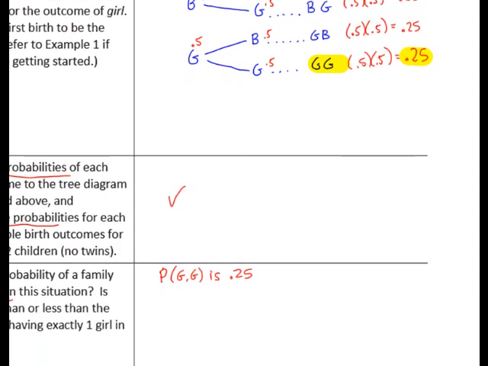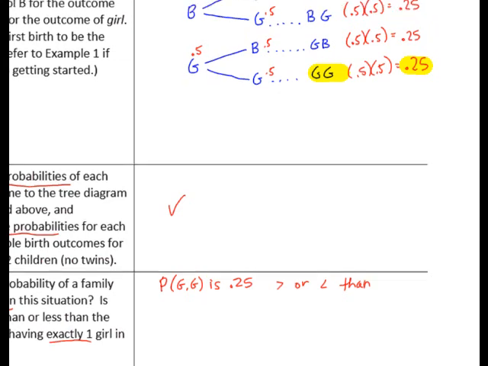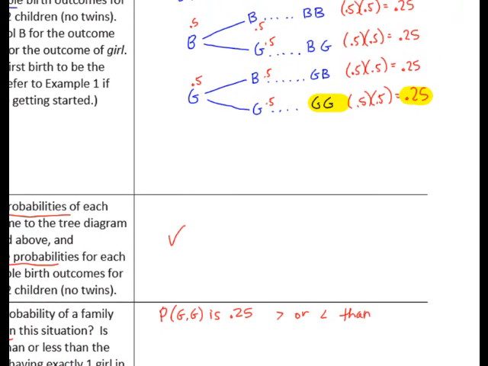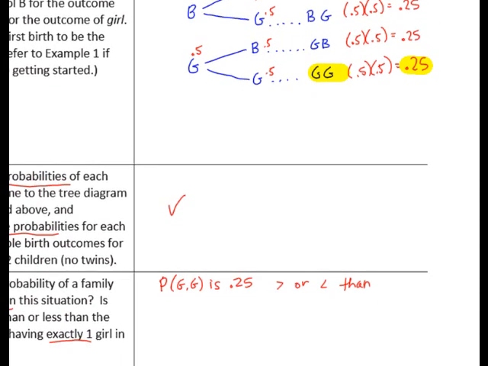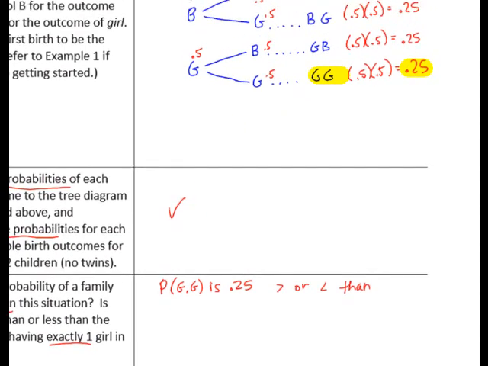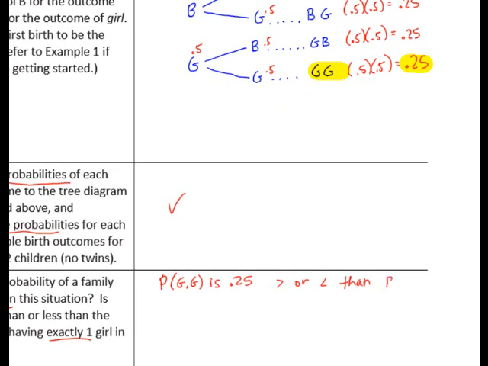Is this greater than or less than the probability of having exactly one girl? Okay, so is this greater or less than exactly one girl? Well, exactly one girl. We wouldn't count boy, boy, but we can count boy, girl, or girl, boy.